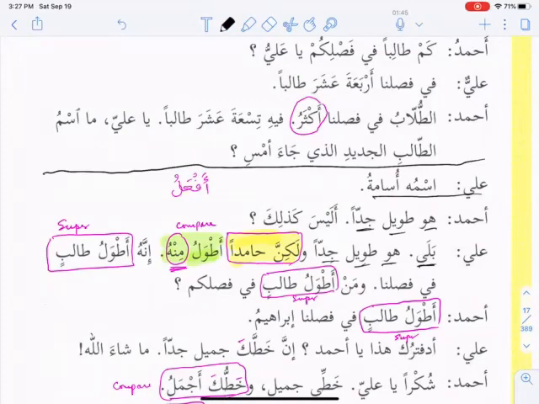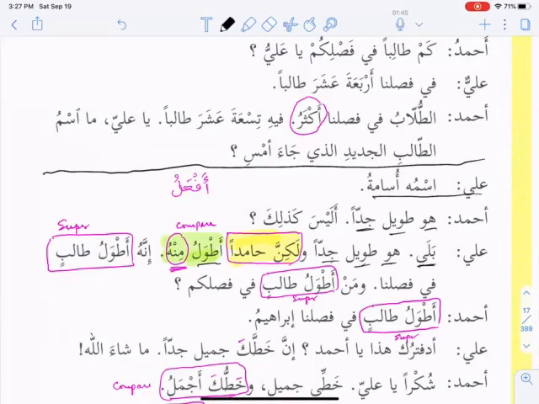Walakinna min akhwatu inna. Hamidan. So what is hamidan? Ismu lakinna. Atwalu. What is atwalu? Khabar lakinna. Minhu, from him. Innahu, verily he is, atwalu talibin fi faslina.